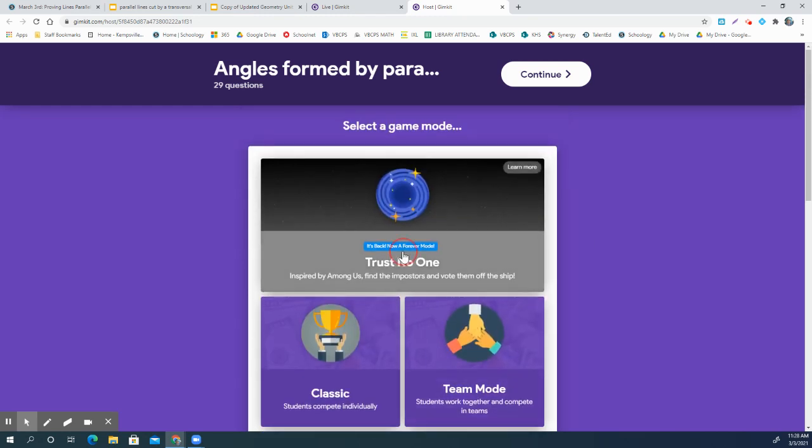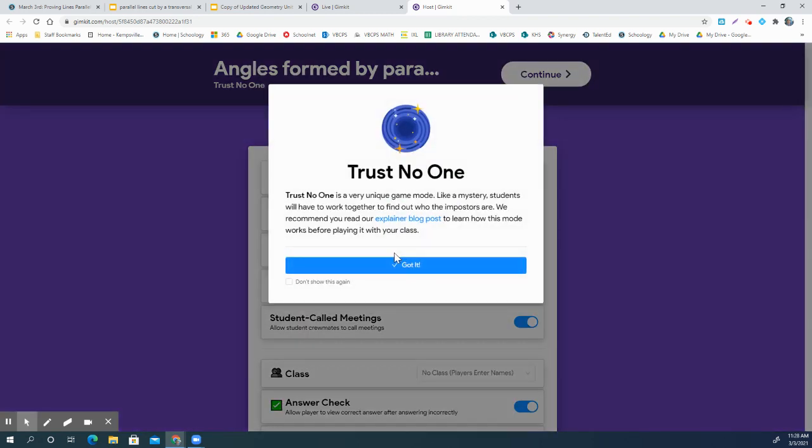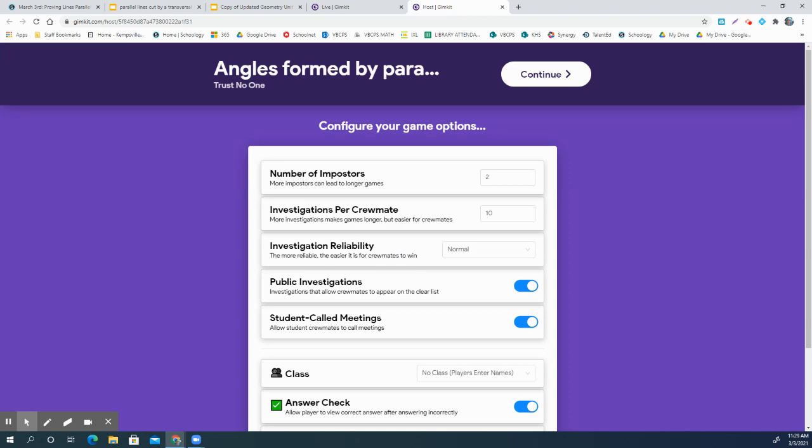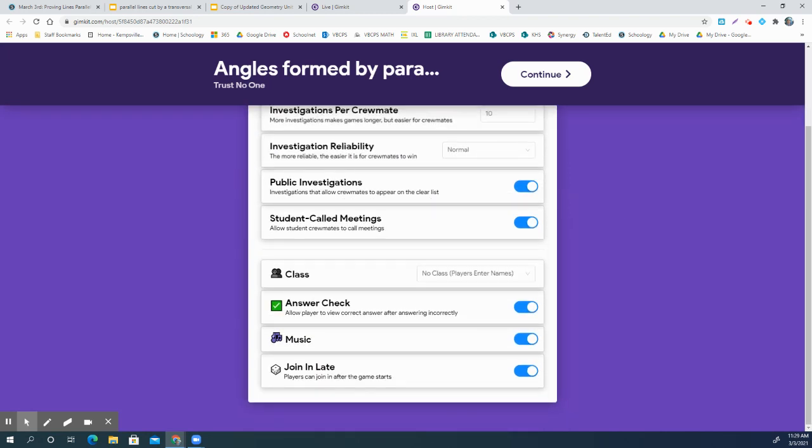This will be a good one for the trust no one mode. We are going to put a time limit on it though, so we can play for about 15 minutes. So we'll do 2 imposters, 10 crewmates, investigations are public, student called meetings, absolutely. And off we go.